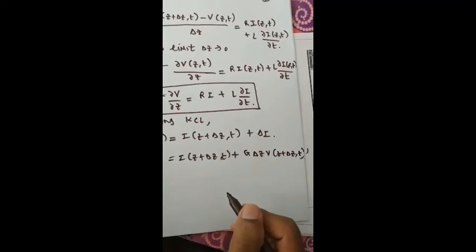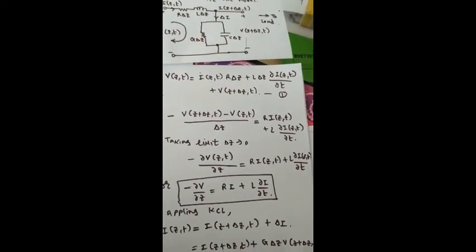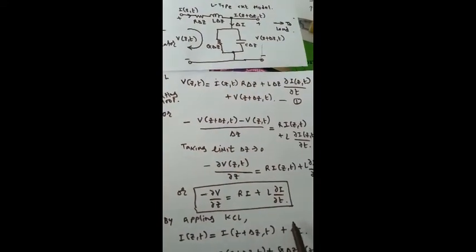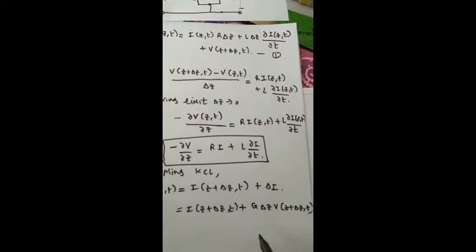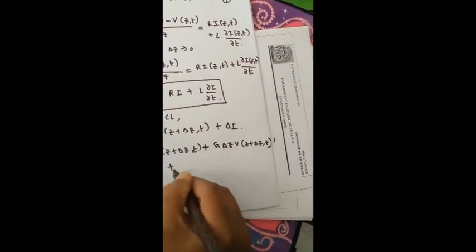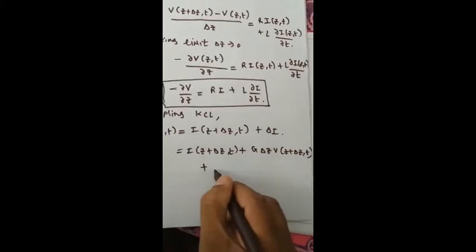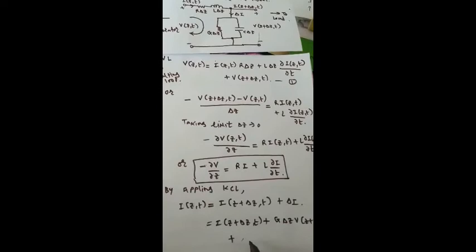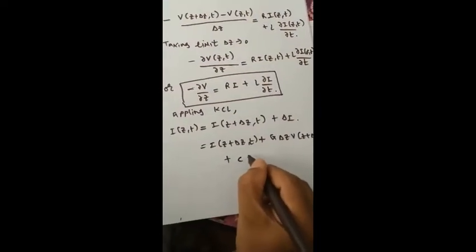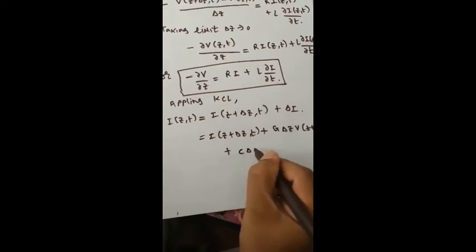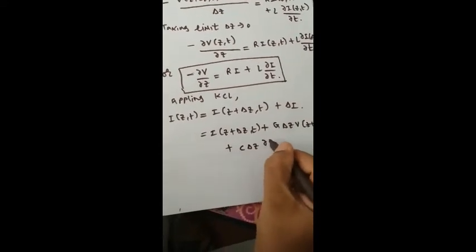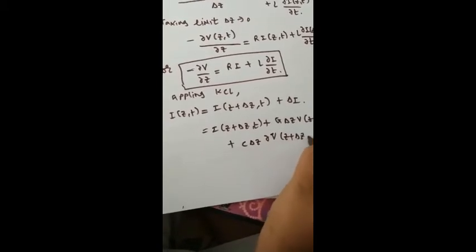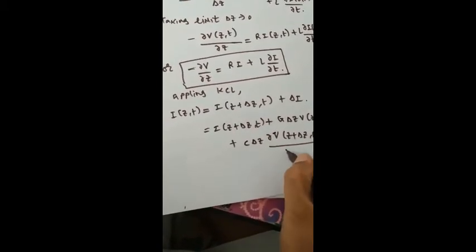This is the first current, I1, flowing through this conductance G part. In the same way, the other current I2 is the current flowing through this capacitor branch, C delta Z del V(Z plus delta Z, t) over del t.